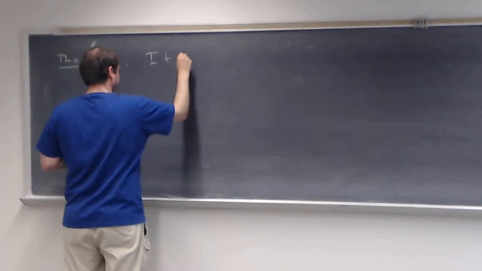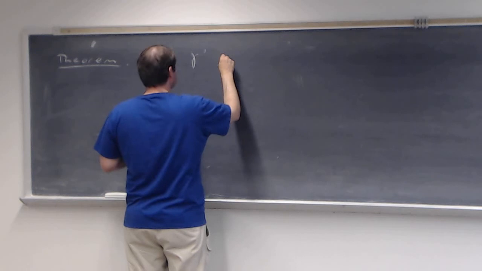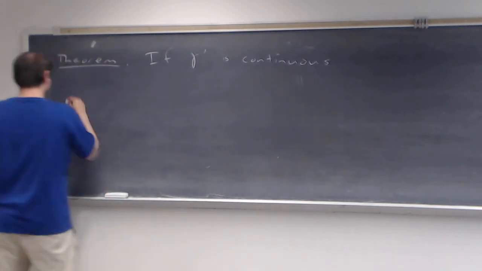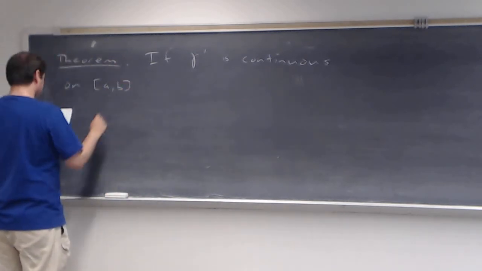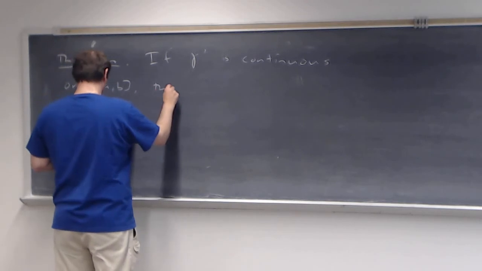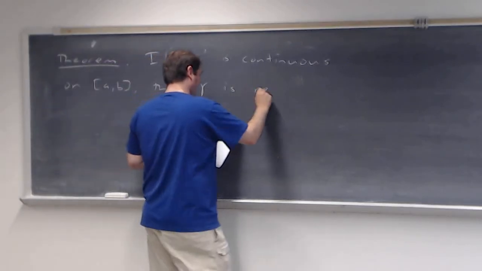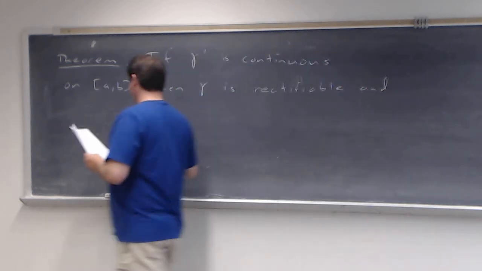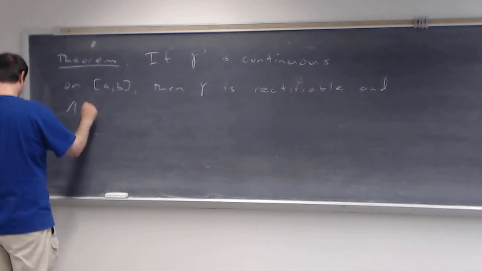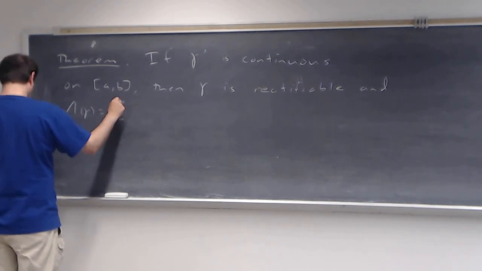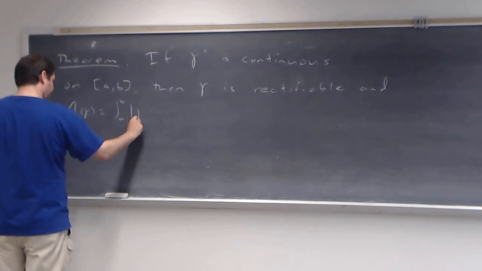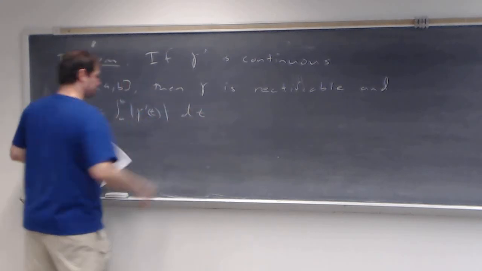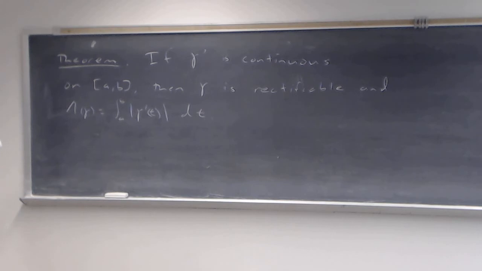If gamma prime is continuous on [a, b], then gamma is rectifiable and the length of gamma is equal to the integral from a to b of the norm of gamma prime of t dt.